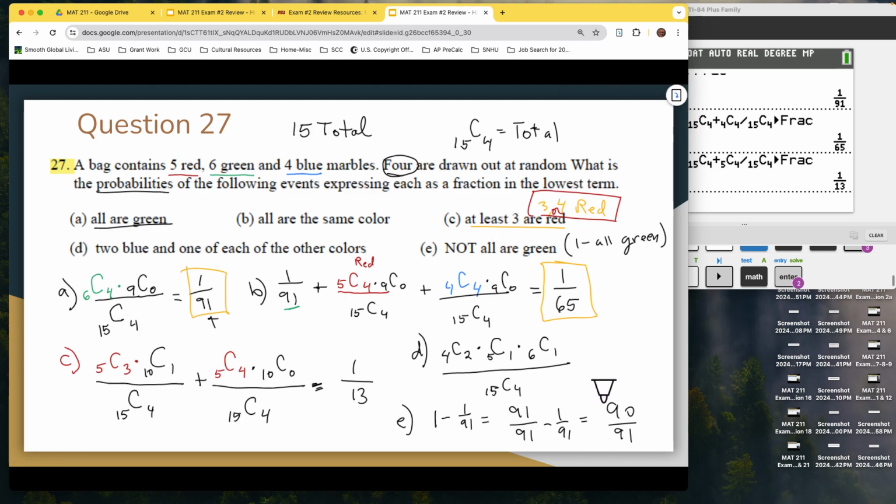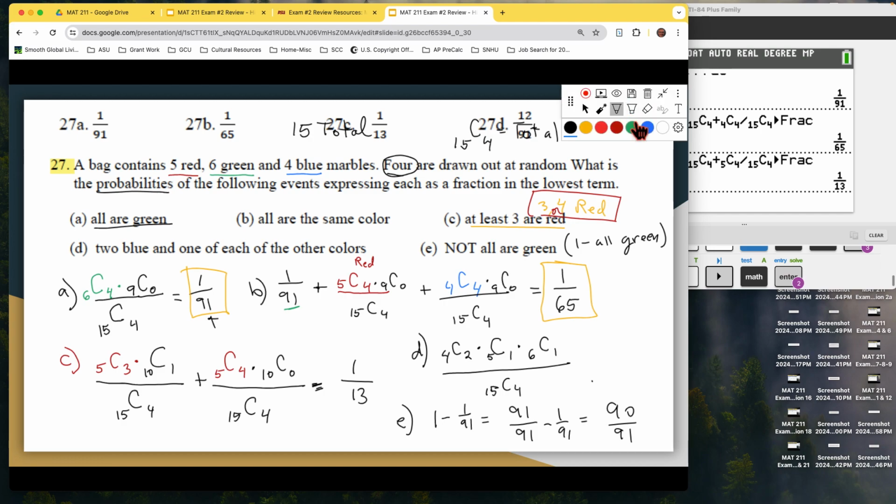Let's see how we did. Oh, it's up here. So 1/91, that matched. 165, that matched. 1/13th, that matched. We didn't finish this one, but you'll see. I guess I'm going to need to erase my stuff here. 12 out of 91. We'll get this out of the way.